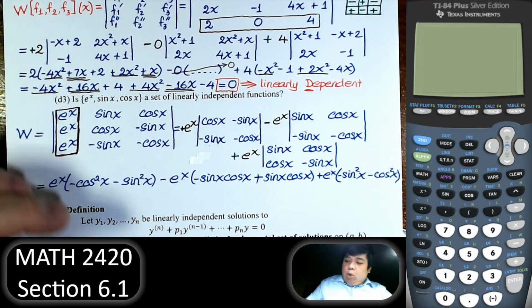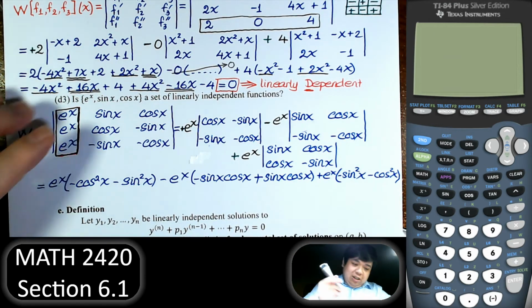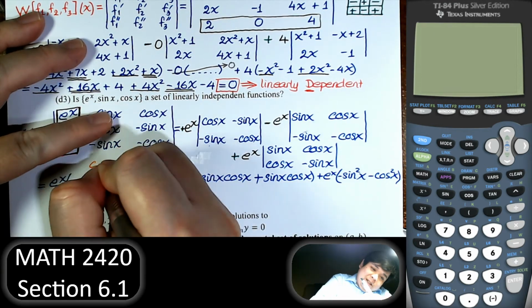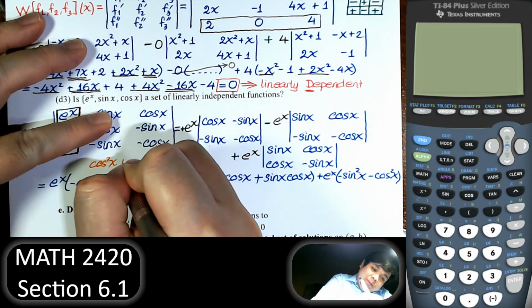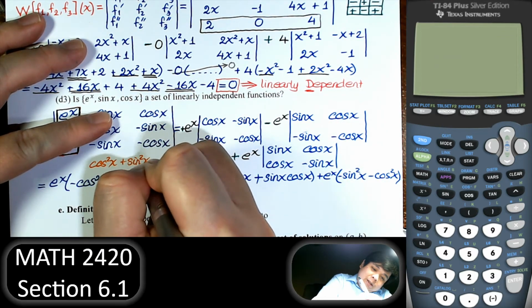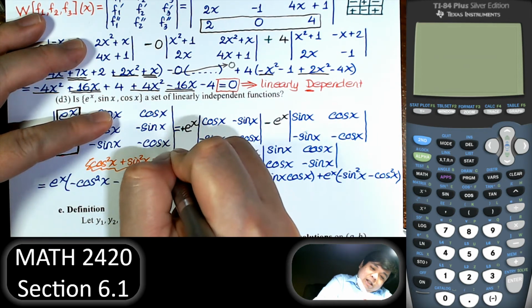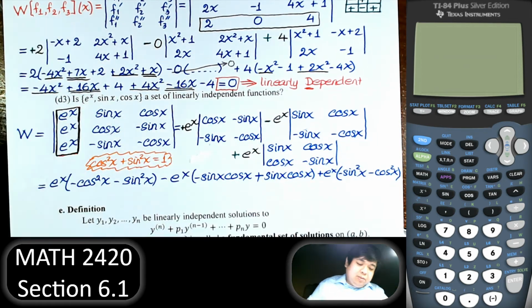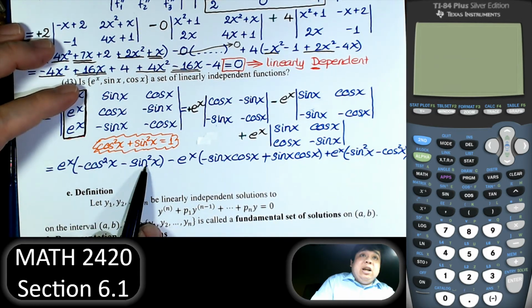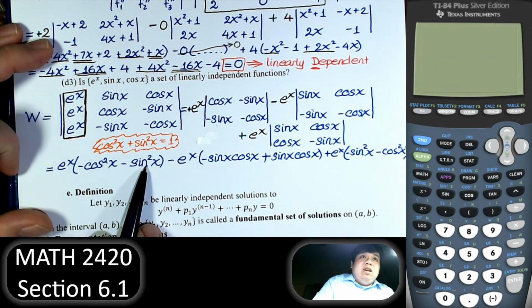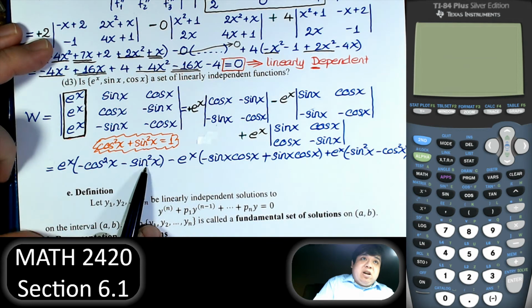Right, cosine squared plus sine squared is 1. That is the Pythagorean identity. So negative cosine squared, negative sine squared is negative 1.